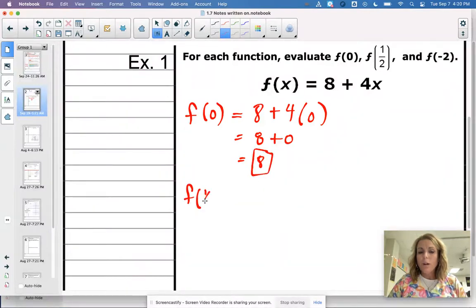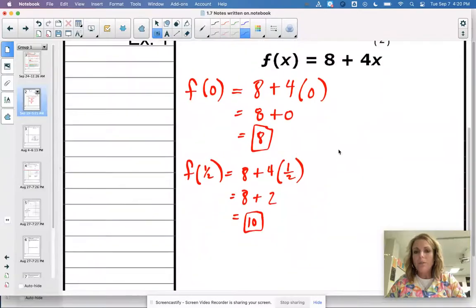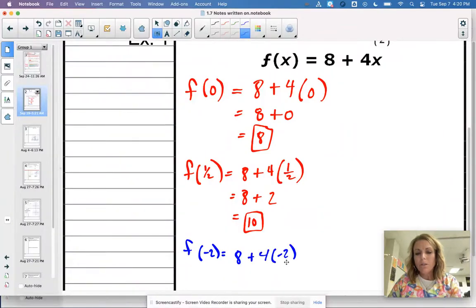Let's try f of 1/2. 8 plus 4 times 1/2. Well, half of 4 is 2, so that's 8 plus 2, which is 10. Let's try f of -2. 8 plus 4 times -2.